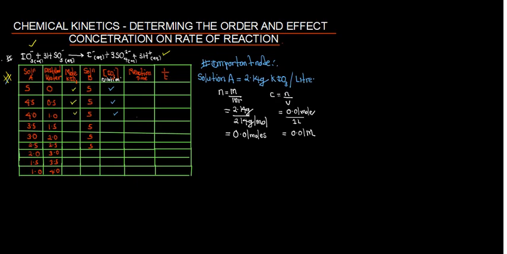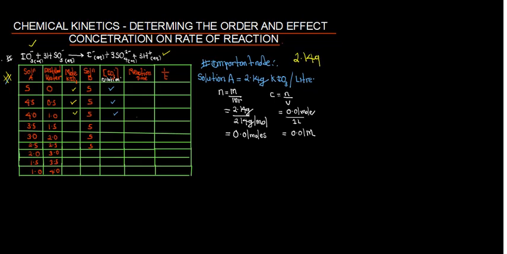So we're supposed to get this value here, that value there, inclusive of these other values, the moles. Now, one thing that we're supposed to understand from here is that for the first part of the reaction, we only had the volume of solution A, which was 5 mL. And then when you get back to the lab manual, you will discover that we're given the mass of solution A to be 2.14 grams.